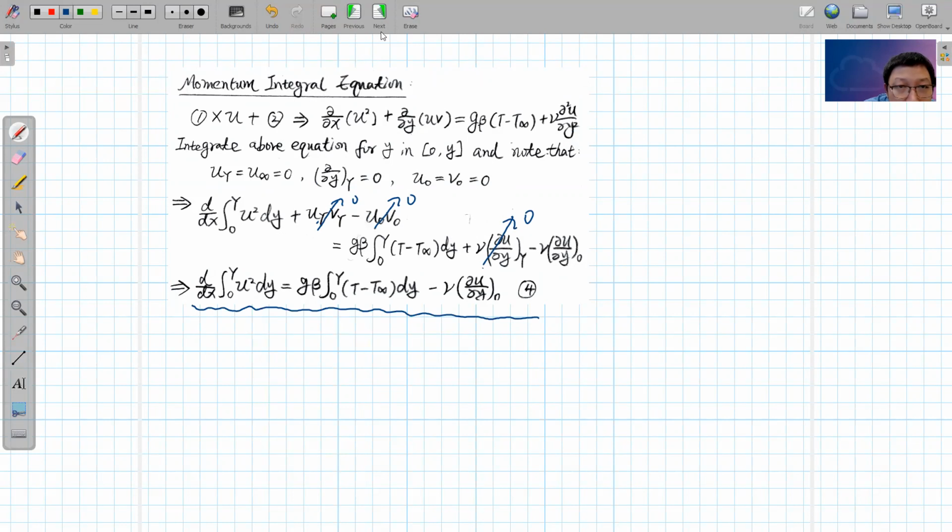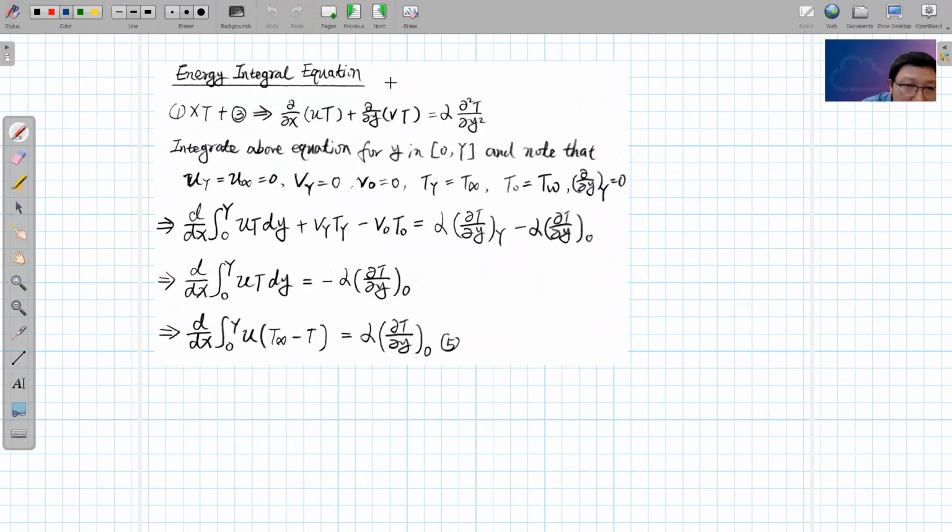Similarly, we can derive the energy integral equation. It's the same idea. You use the continuity equation times temperature on both sides and add it to the energy equation, so you get this equation here. And you integrate this equation in the y direction from 0 to y.